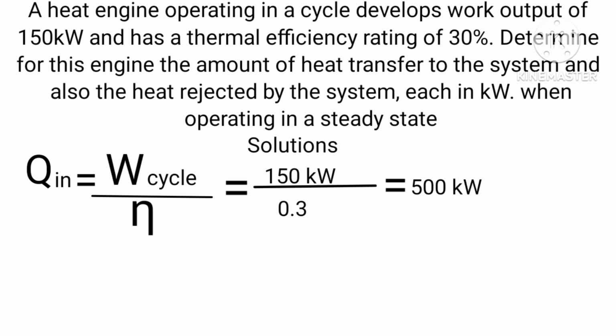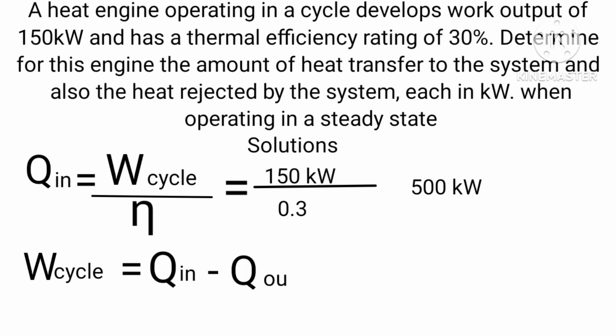The formula for the power cycle is W cycle equal to Q in minus Q out. We're using the power cycle, even according to the question, you will know that we are not talking about refrigeration.